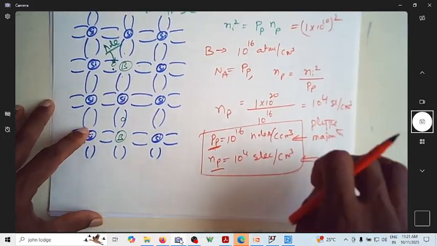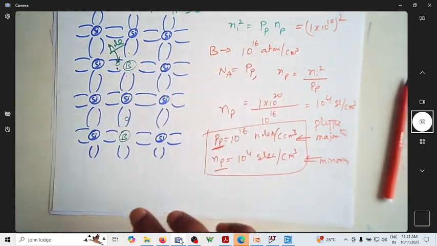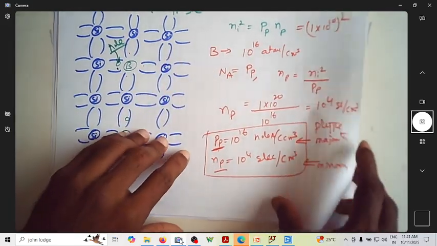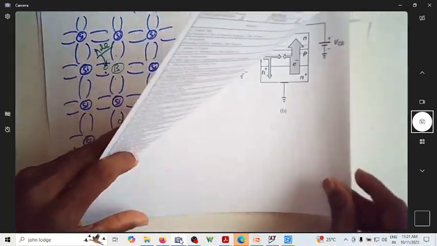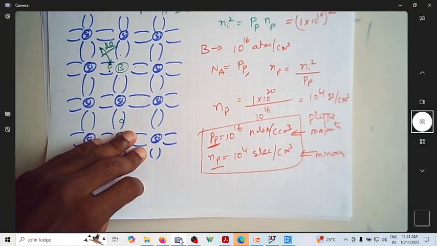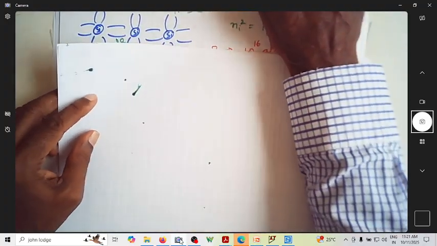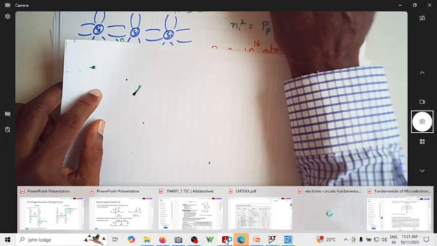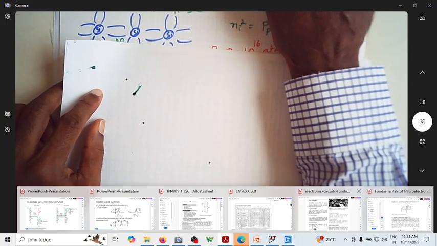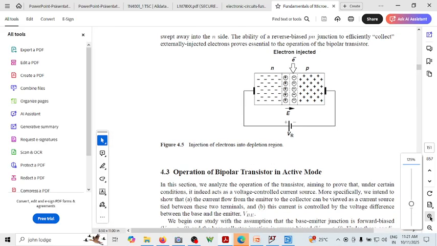Okay, with this understanding of p-type and n-type, let us move on to the p-n junction. Try to find out what happens if it is reverse bias and forward bias. We know that when you connect, let me just show this to you. Now assume that this is the situation when the p-n junction is reverse bias.